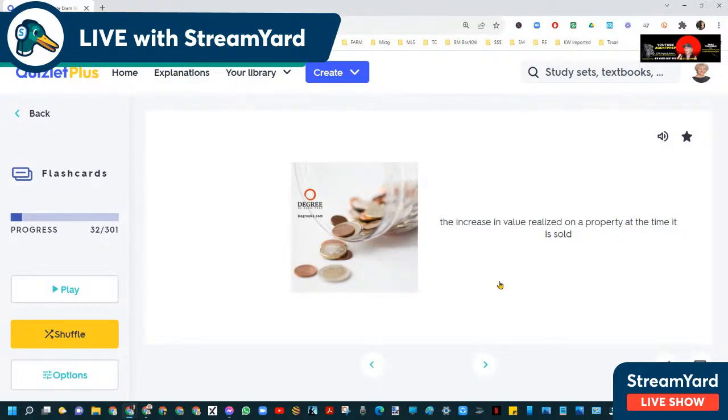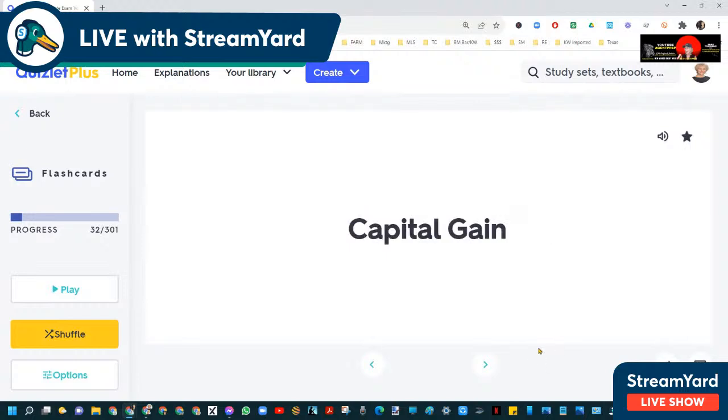Equity, okay, let's see. Capital gain. So yes, it could be equity, right? If the loan has been paid down, there is equity. But when a property is purchased and the value increases and now it is sold, that increase in the value of the property compared to when it was purchased. So it was purchased for 500,000 and it sold for 600,000.